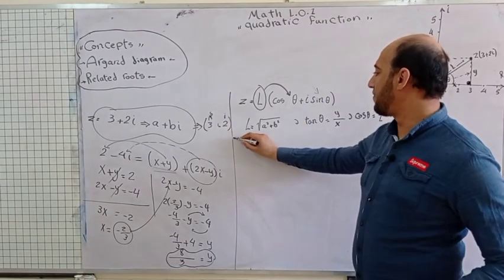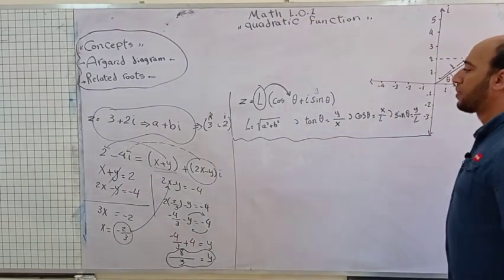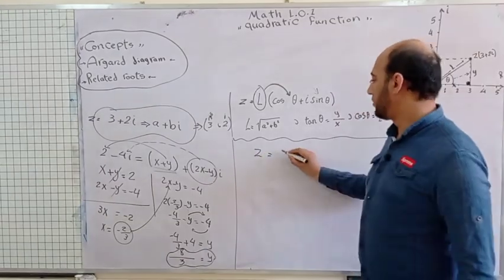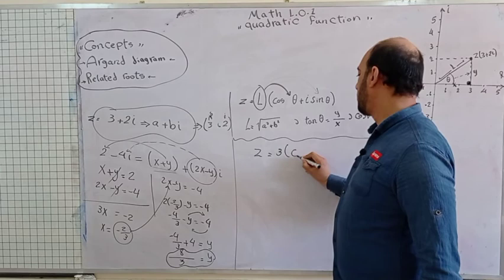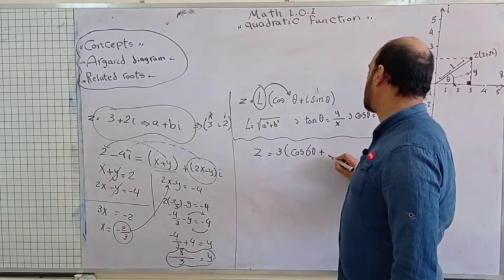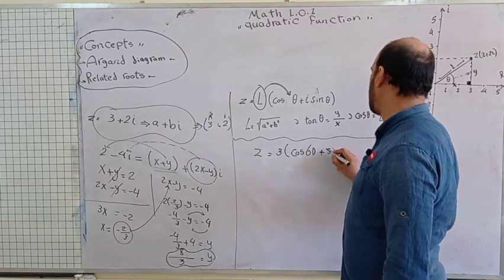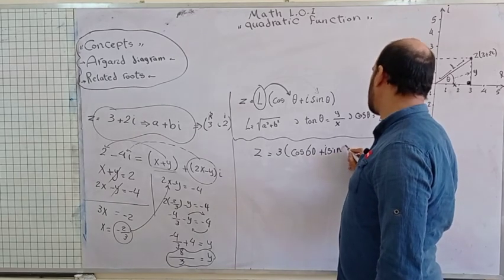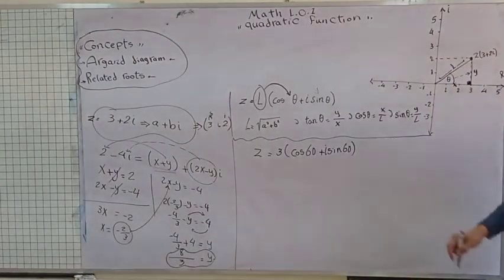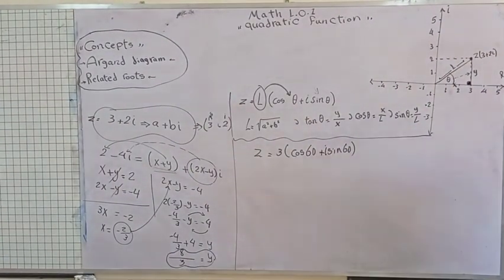Then if I have a complex number equal 3 cosine 60 plus i sine 60, this form is a triangular form.